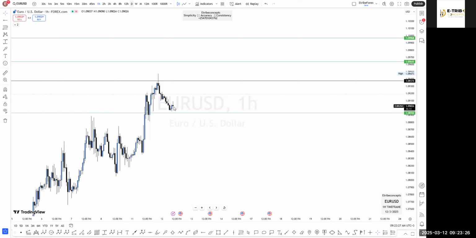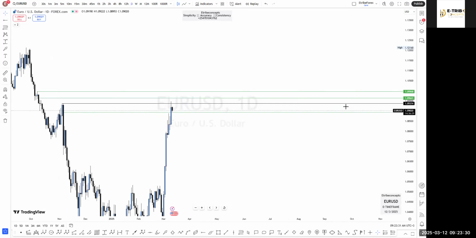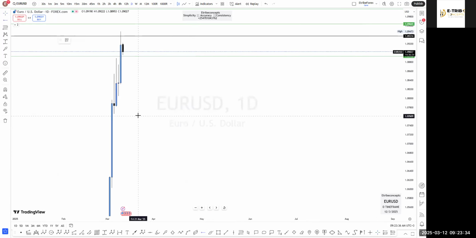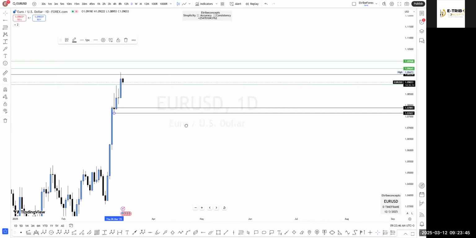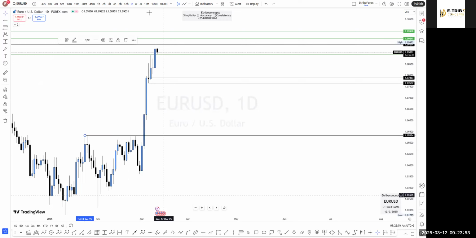So from the daily perspective, if we get a confirmation, our first target should be here. Let me show you. This is based on structures. So our first target should be here as an area of liquidity. We use the higher time frame to know where to have our targets. Then that will be our first target. Then from there, we'll go to the extreme point, if the bears will be strong enough from that weak overlap that is acting as an area of liquidity from the monthly time frame.